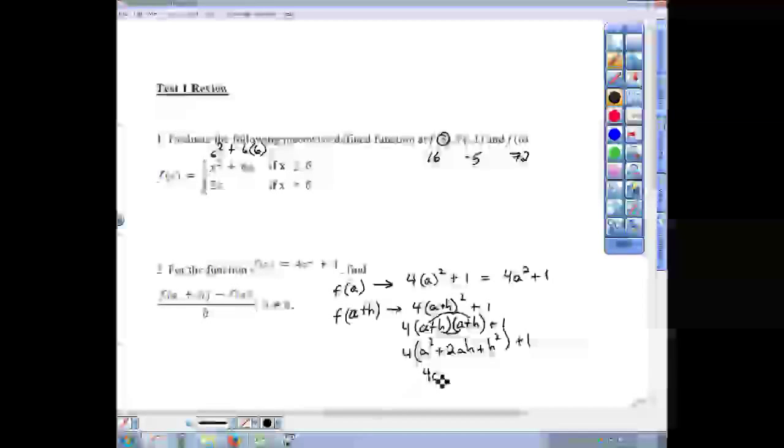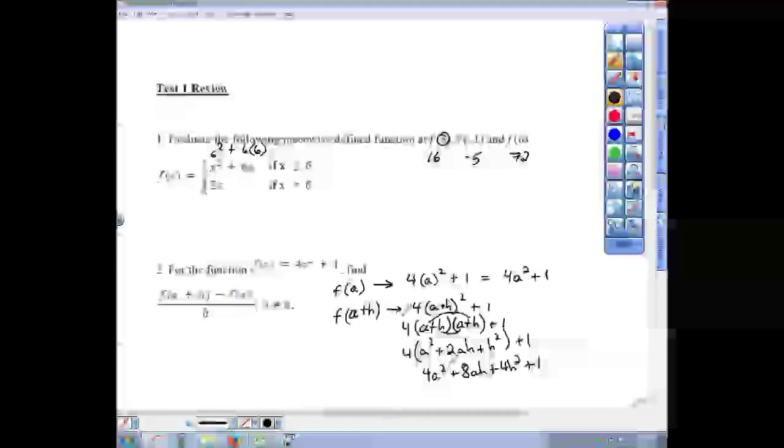And then distribute the 4. And there aren't any like terms there to combine.